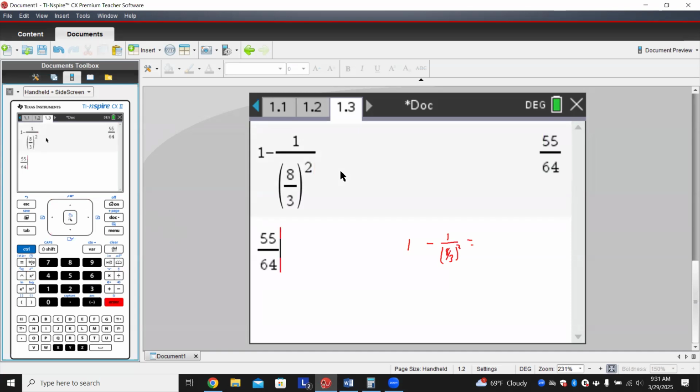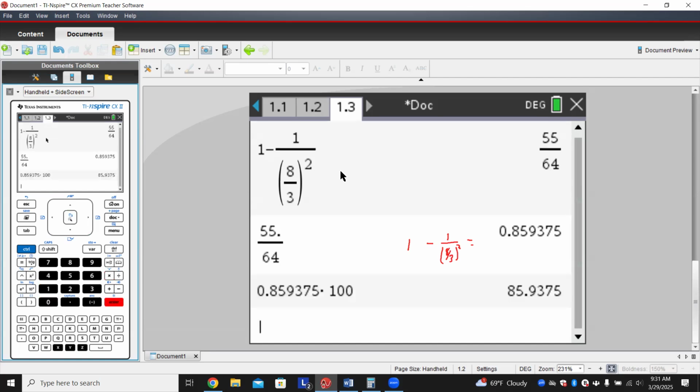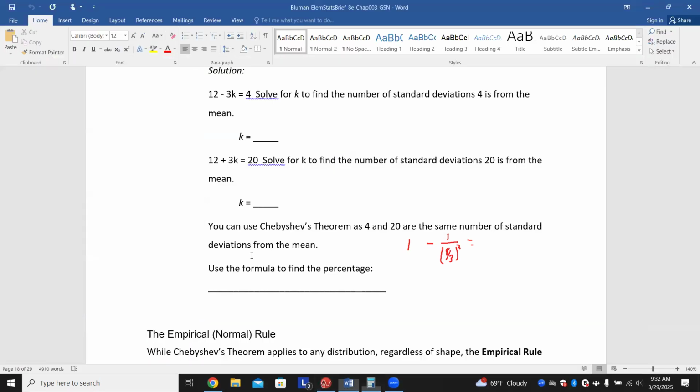I need that as a decimal. So I hit up to highlight it, hit enter to copy it, and move into one of the numbers to make it a decimal. It doesn't matter whether it's the top or the bottom, but when you do that it produces a decimal. Now I just hit times 100 and I have a percentage: 85.9%, or roughly 86% of my data.